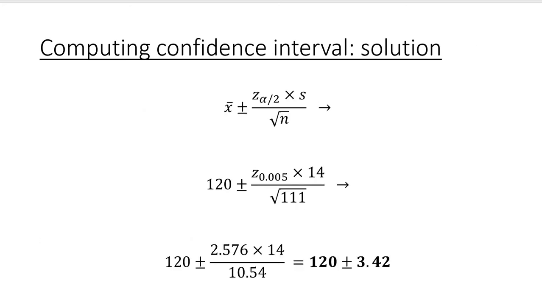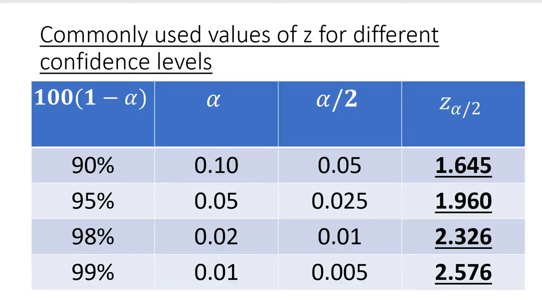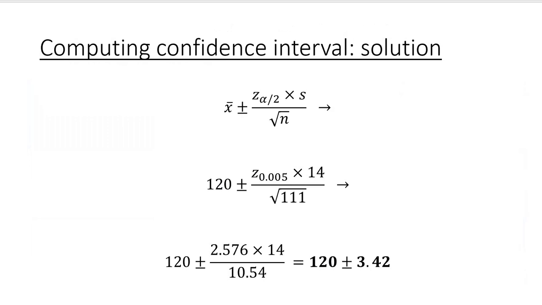So in order to solve this problem, we can use the same formula as discussed before. So here mean is equal to 120, there is 111 observations, and standard deviation is equal to 14. So we know that for 99% certainty, this is the corresponding value of Z. So you simply put all those numbers to the formula, and this is the result.